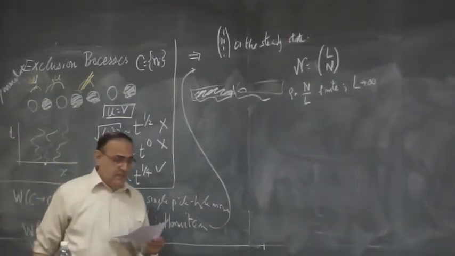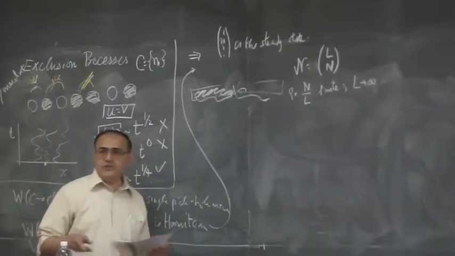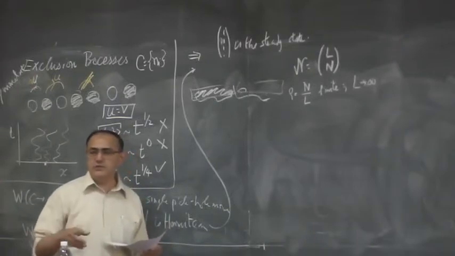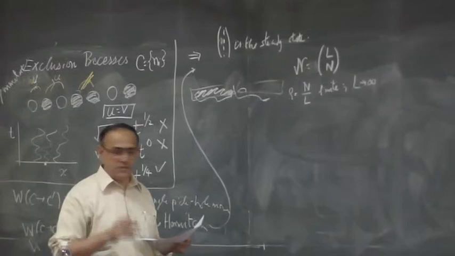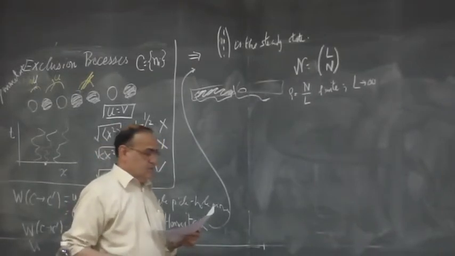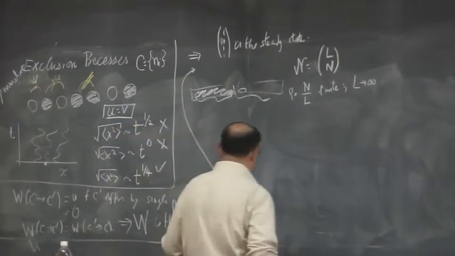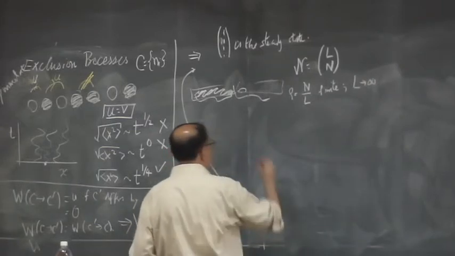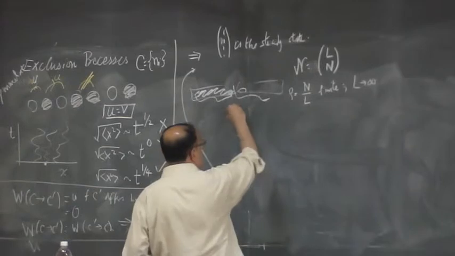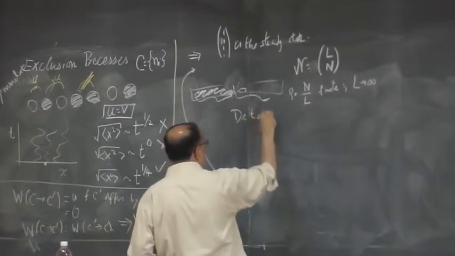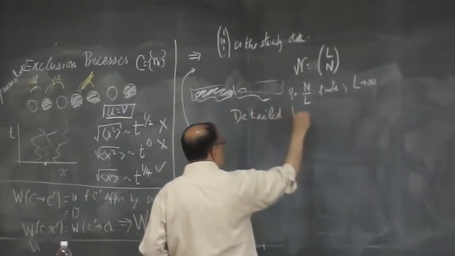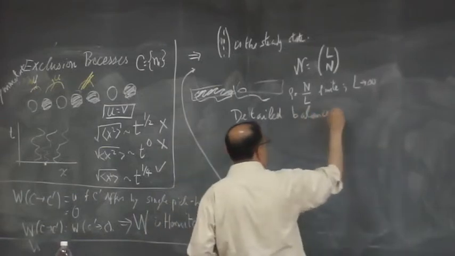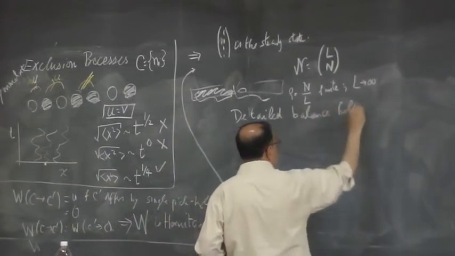Now, this is also intuitive, but you can show it, and I will leave you to puzzle this out. First, let me make another small point which is evident: detailed balance is valid. Why?